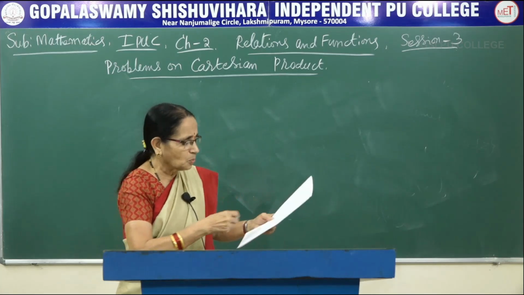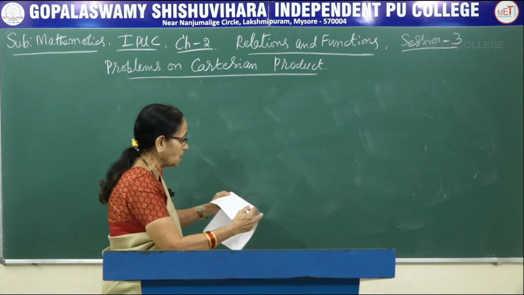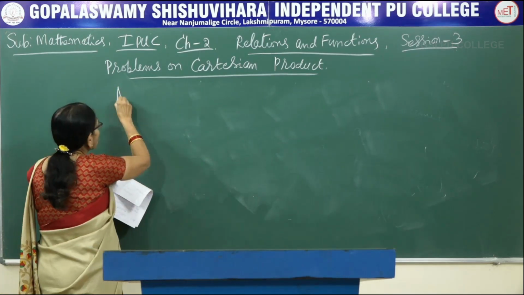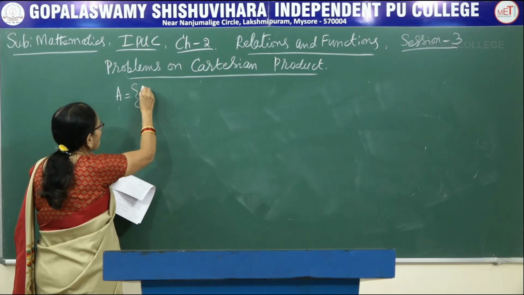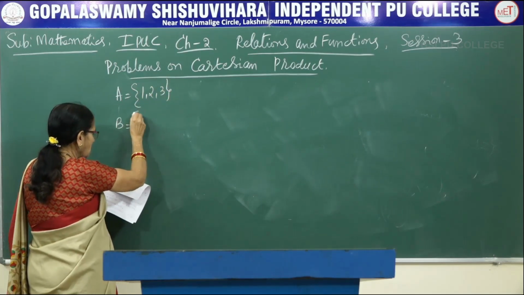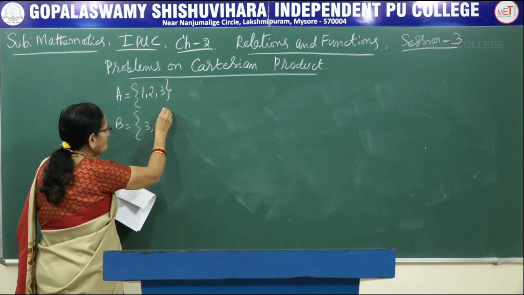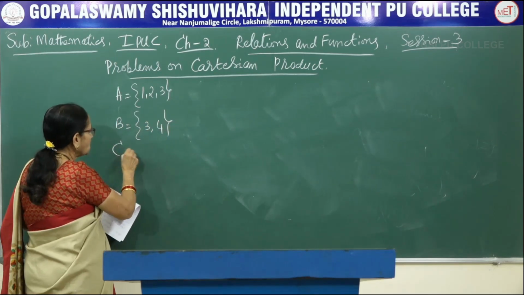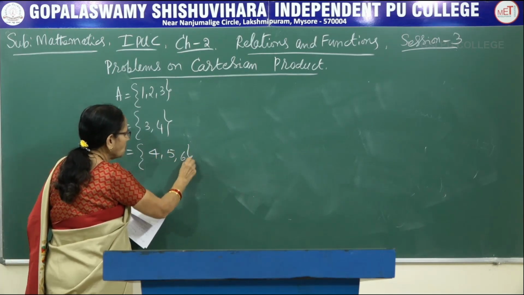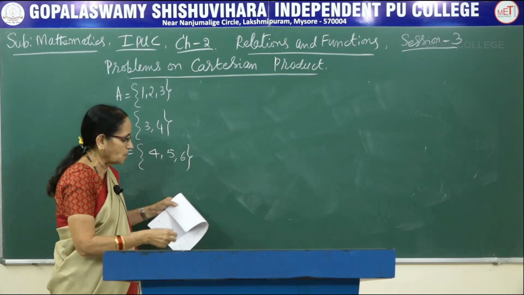A little bit more calculation we have to do here. The sets have been given to us directly. The set A is having the elements 1, 2, 3. Set B is having the elements 3 and 4. Set C is having the elements 4, 5, 6. Exact elements have been given.